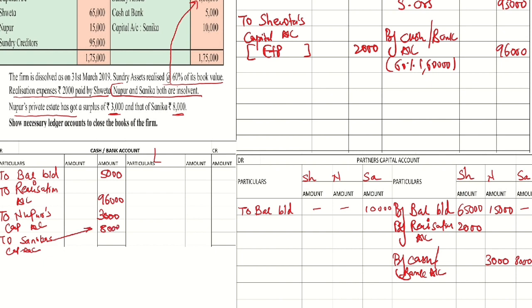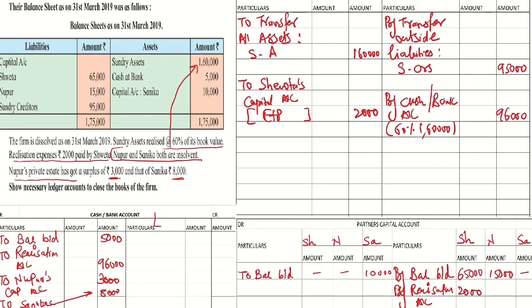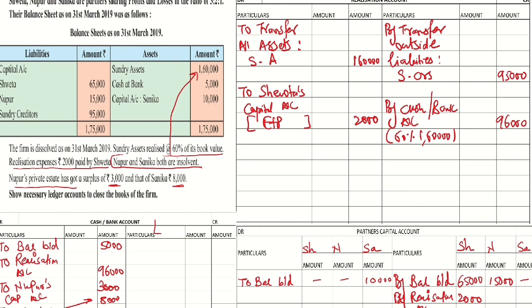Now after having all the adjustments, we will close the realization account, looking at which side is heavier. Definitely we are having a loss over here, but before that we'll pay the creditors also.